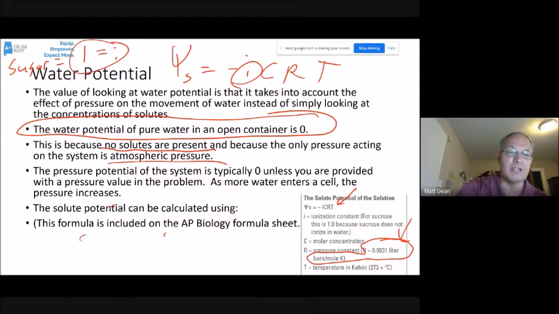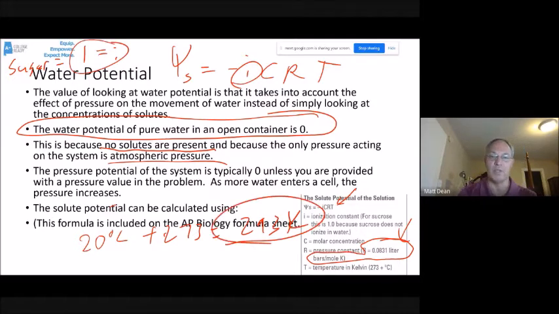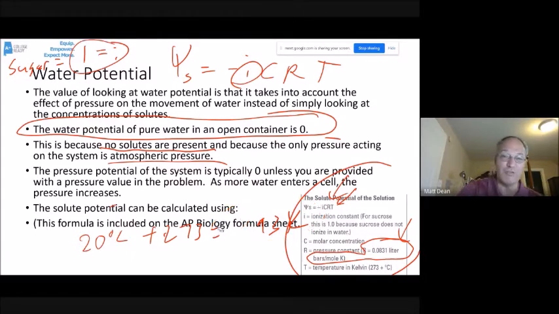So if you had a Celsius temperature of 20 degrees C, you add 273 to it, and now you've got 293 degrees Kelvin. For this equation to work, the temperature has to be in Kelvin. Make sure you know that. This whole section is straight off of your formula sheet, so it tells you on the formula sheet essentially that you need to do that.